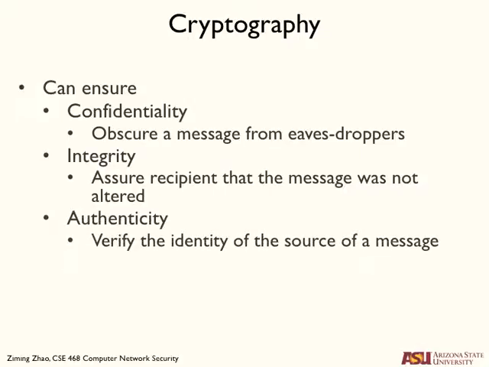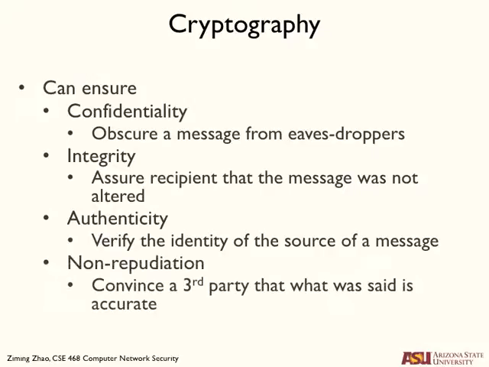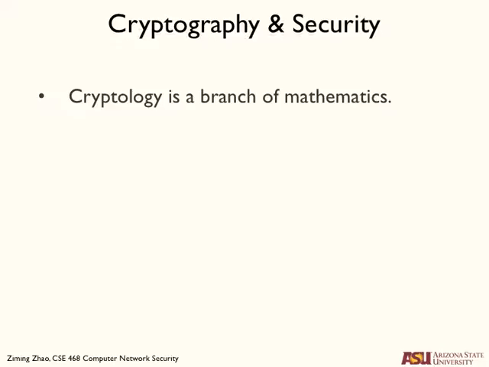We can also use cryptography to ensure authenticity, which means the recipient can verify the identity of the source of the message. And also non-repudiation, which means the recipient can be convinced that the said message is accurate. It is what actually happened.